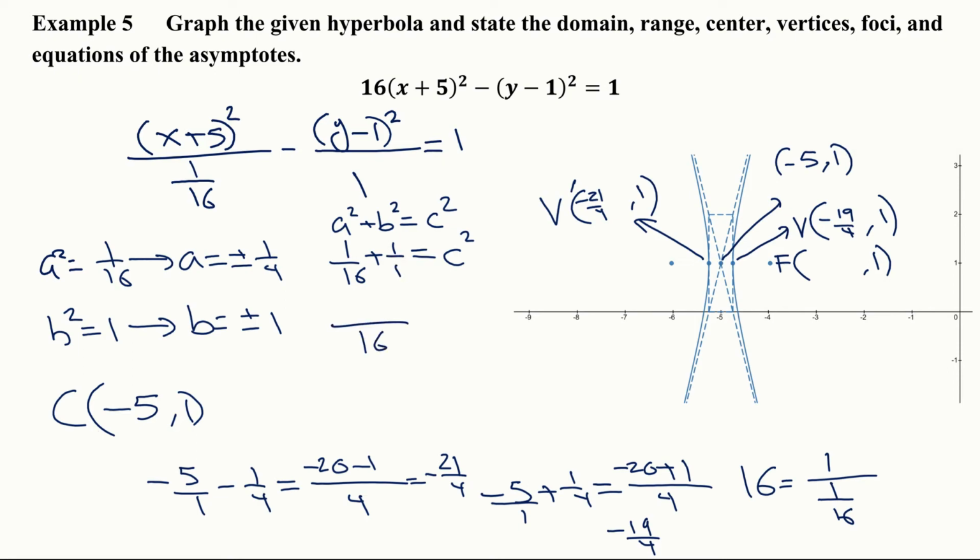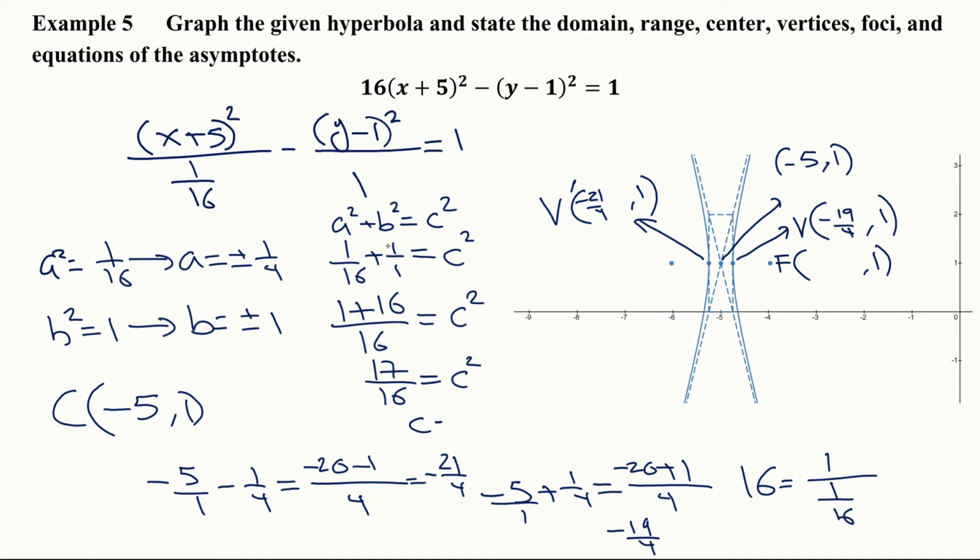Common denominator is 16. So the easiest way to do this is just say 16 divided by 16 is 1 times 1 is 1. 16 divided by 1 is 16 times 1 is 16. So we get 17 over 16. That's the c squared.